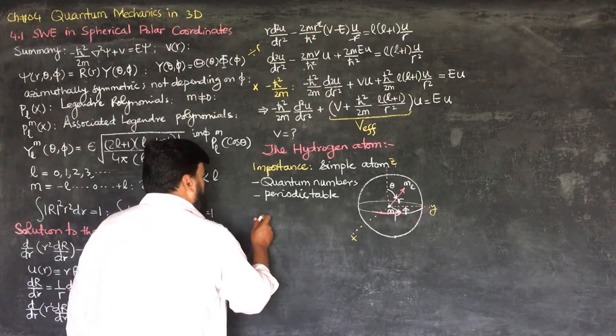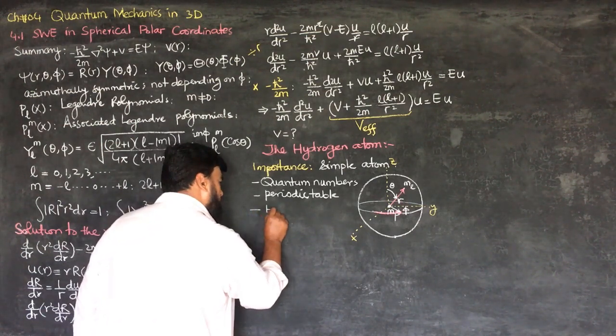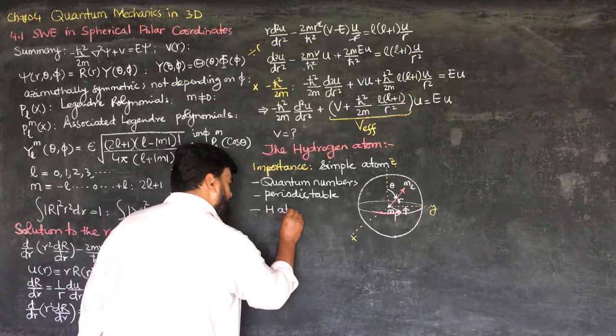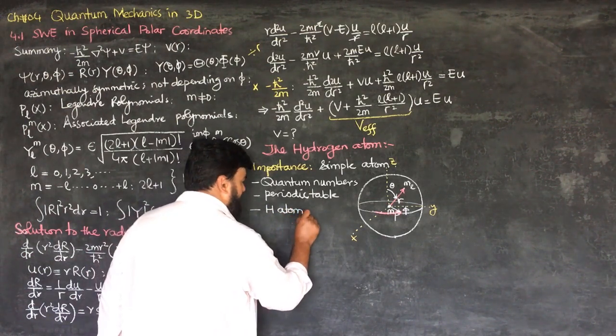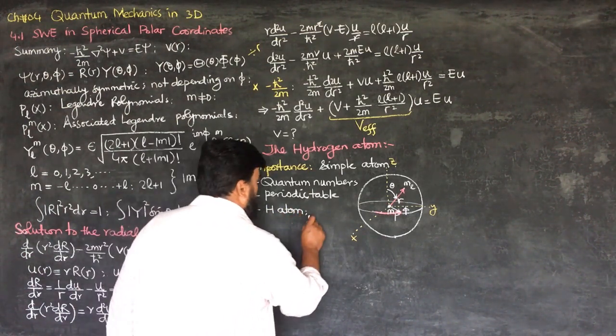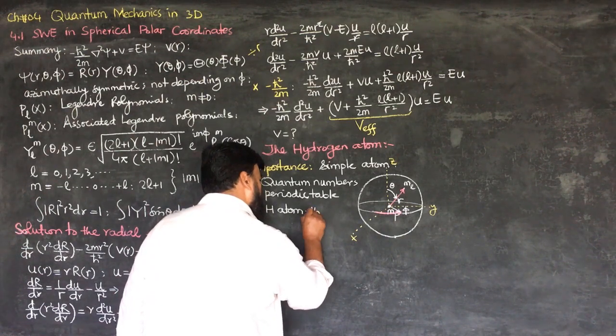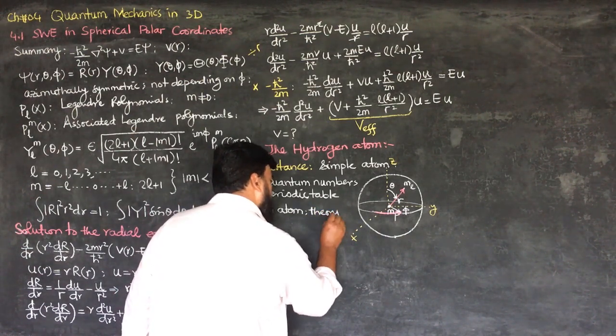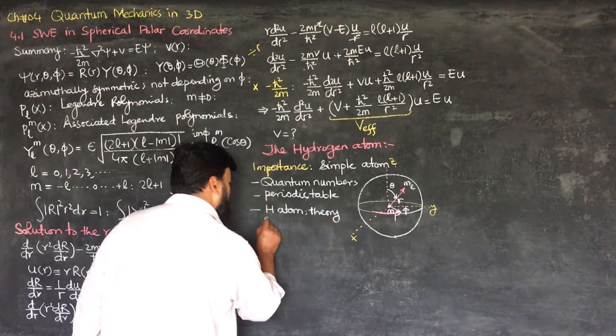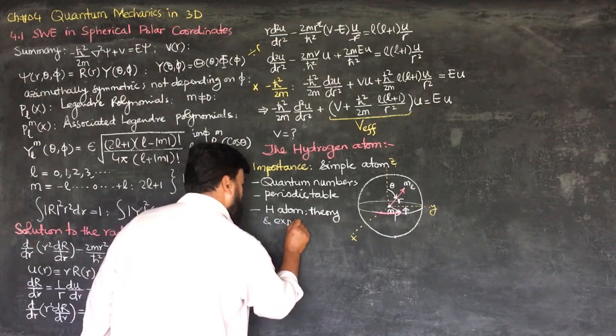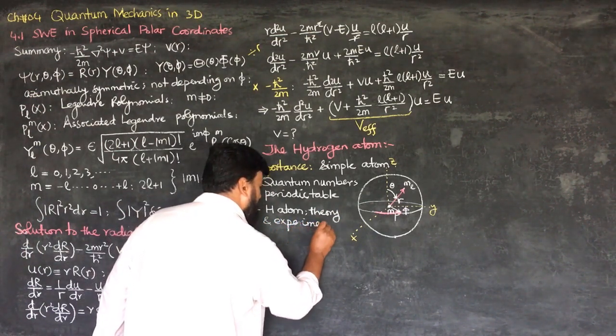The other thing is that hydrogen atom is the simplest atom, so we can do the comparison of theory and experiment very easily.